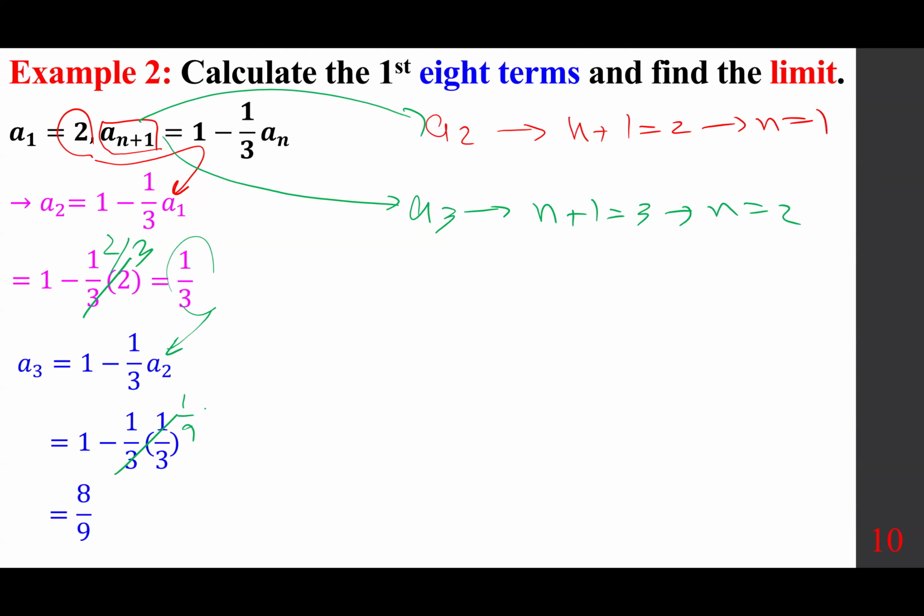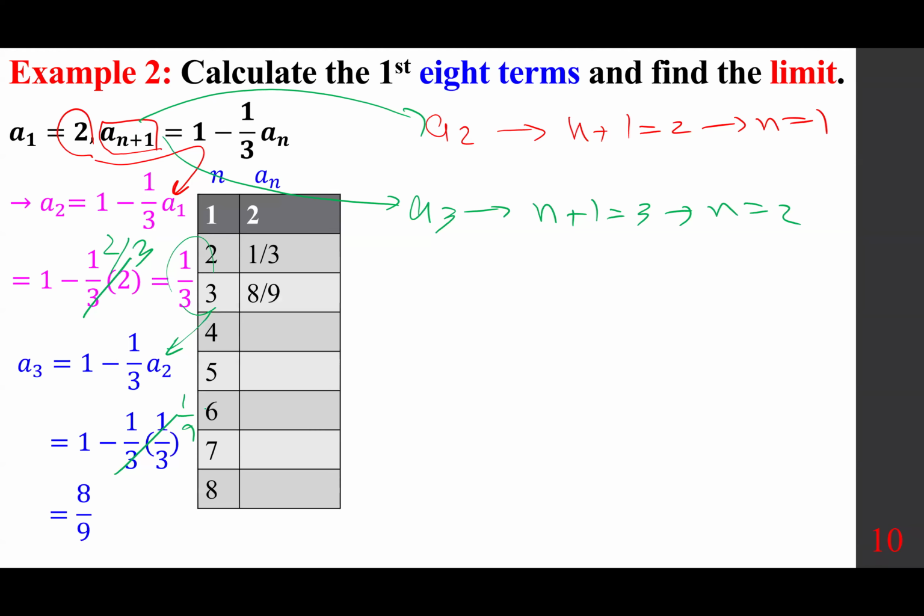Now, bear in mind, the first one was given, and we found 2 more, and we showed it with details. Here's the table so far. Let me erase my work, everybody.